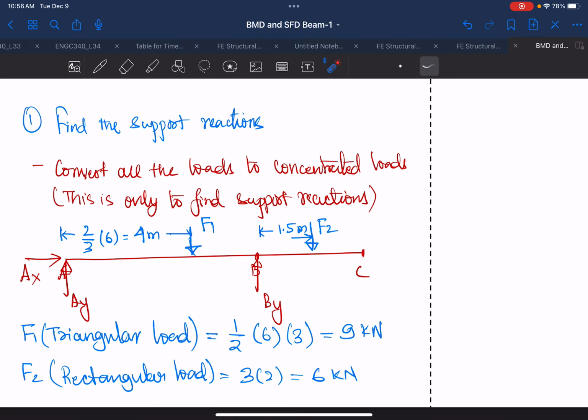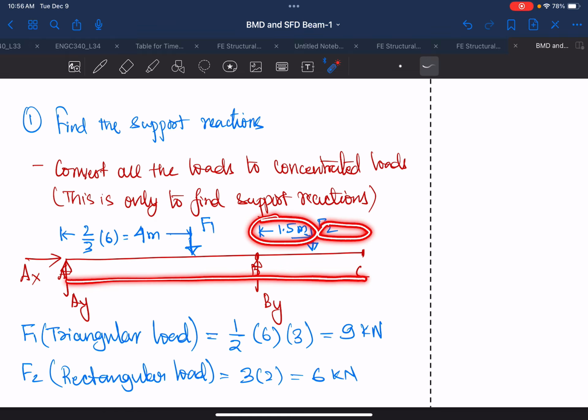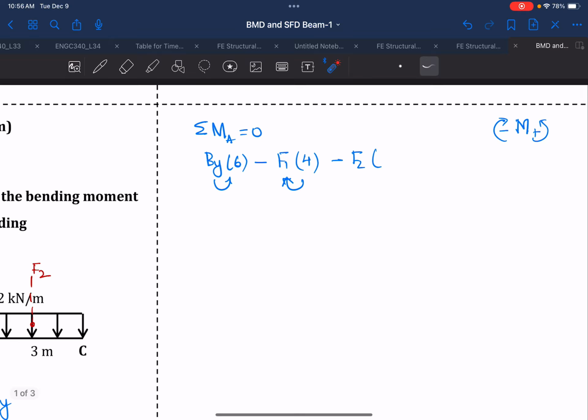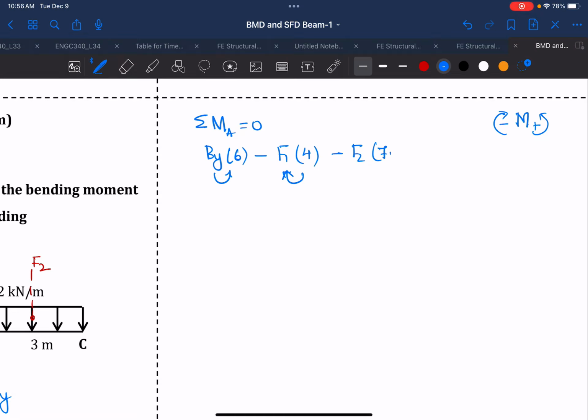So basically this whole thing is 9. 9 minus 1.5 will be equal to 7.5. So that's what we're going to write here, 7.5, and that will be equal to 0. And we already know that F1 is 9 kilonewton, and F2 is 6 kilonewton.